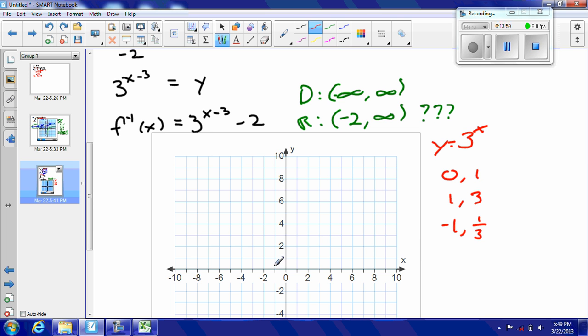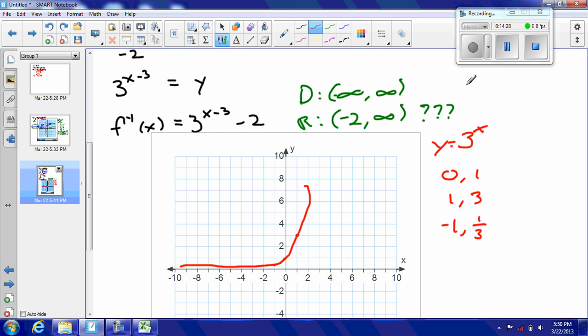Negative 1, 1/3. 0, 1, 1, 3. You know, my exponential functions have horizontal asymptotes of the x-axis. There is the graph of my exponential function. It's kind of curvy, but you get the picture.